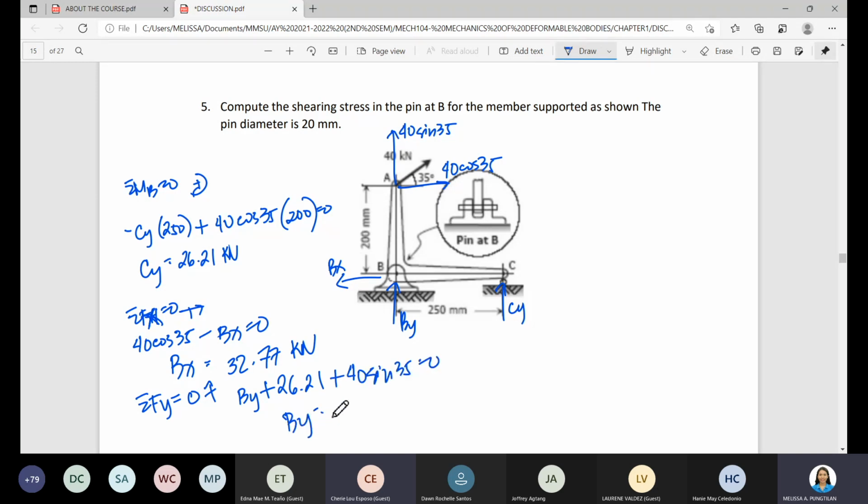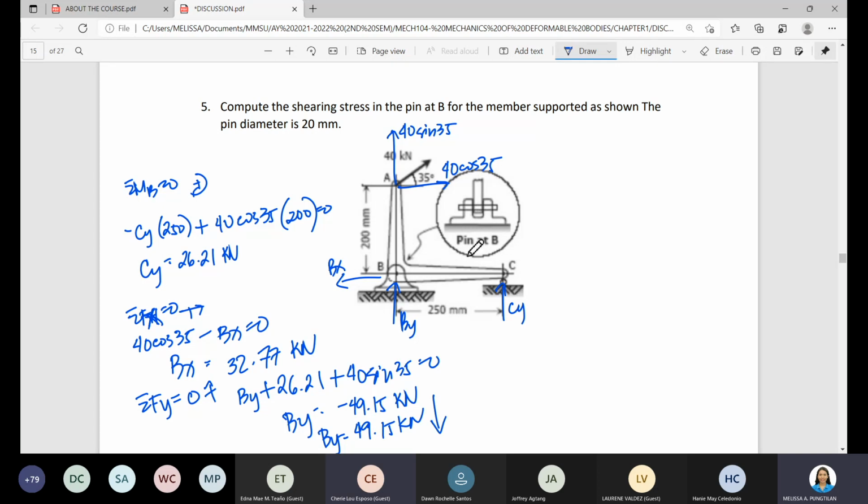Therefore, By is equal to negative 49.15 kilonewton. So, our assumption was wrong. By should be 49.15 kilonewton downward.